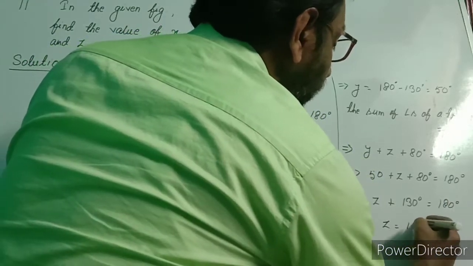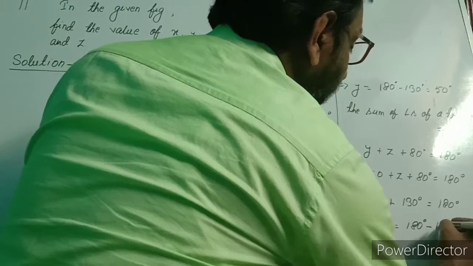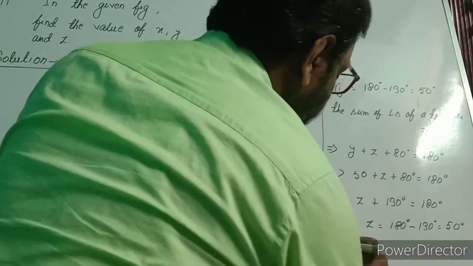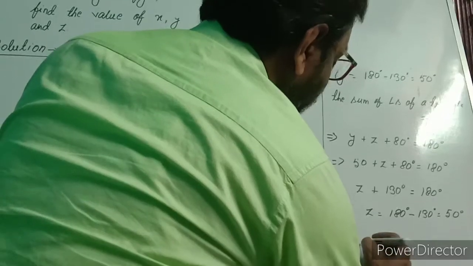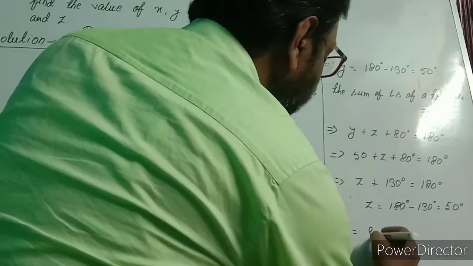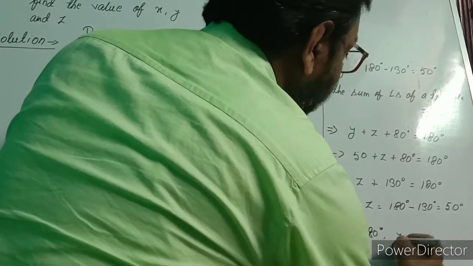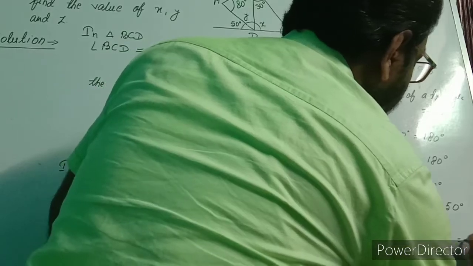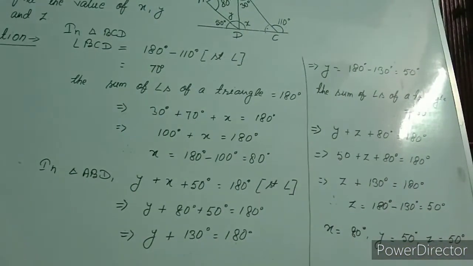Therefore z equal to 180 degree minus 130 degree equal to 50 degree. So these three values, x equal to 80 degree, y equal to 50 degree, z equal to 50 degree. These three are the answers.